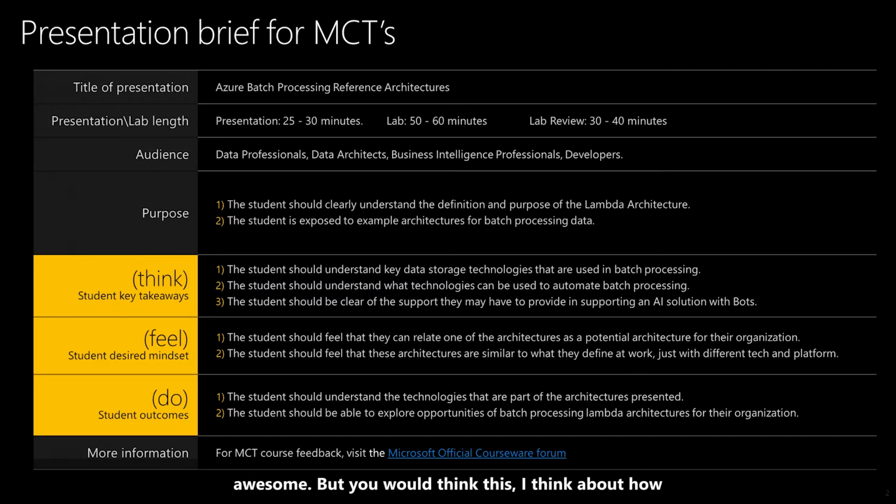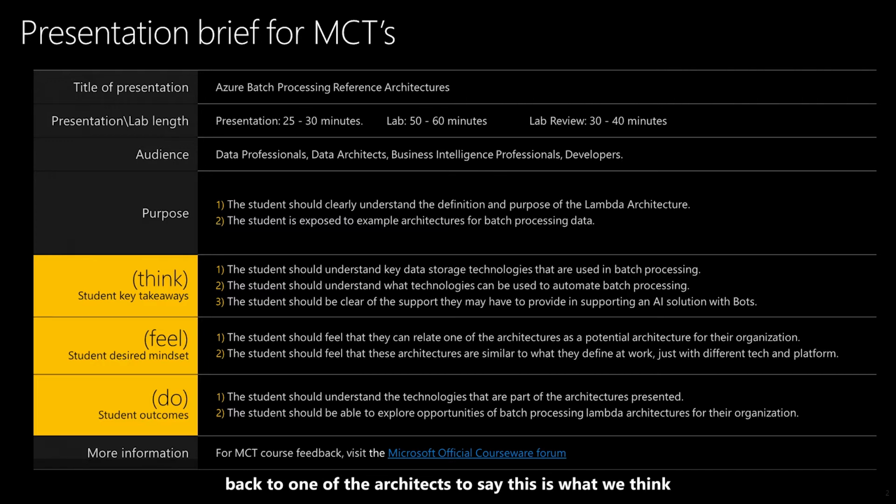The other thing is I think about how they feel as well. It's really important to me that I try and empathize with my students. So they should feel that they can at least relate one of the architectures as a potential architecture for their organization. I'm not saying they'll use it wholeheartedly, but I'm hoping... They're not solution architects, but they know how to do a design given those requirements.